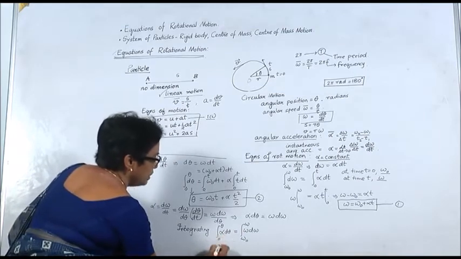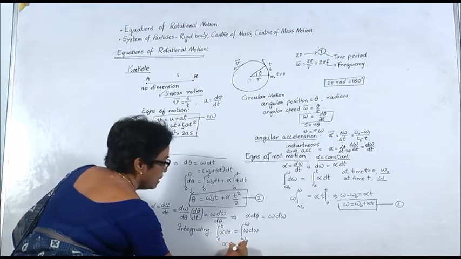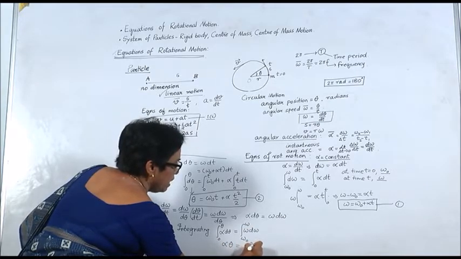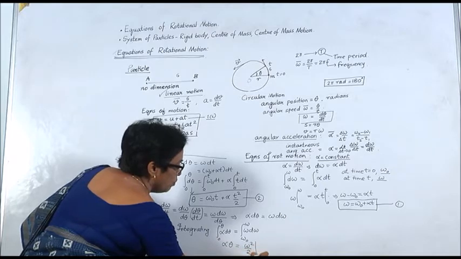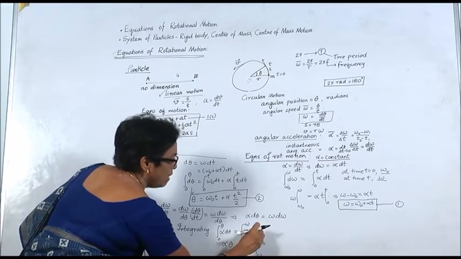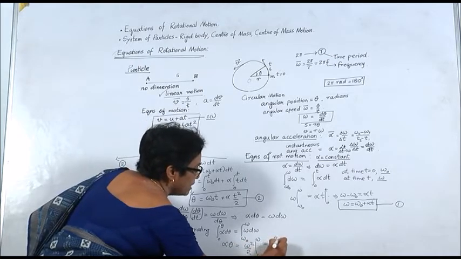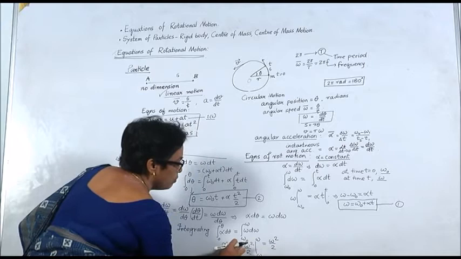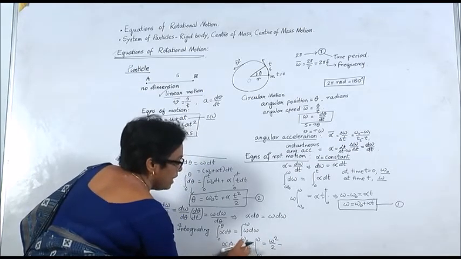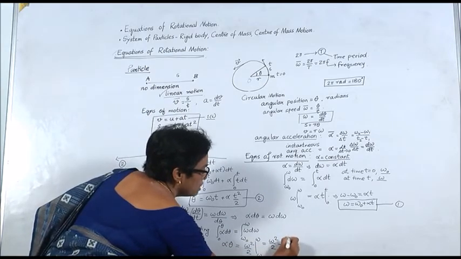So, this gives me, alpha is constant, I can take it out, alpha theta equals omega square by 2, from omega 0 to omega, that means this value at omega minus this value at omega 0. That means, first the upper limit, omega square by 2, when the value of omega is omega, minus the value when omega is omega 0, that is omega 0 square by 2.